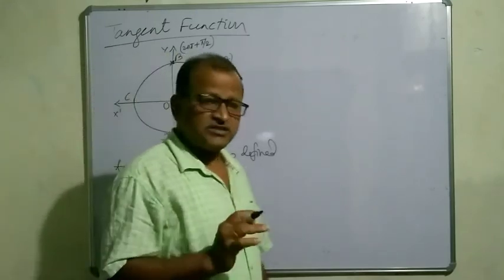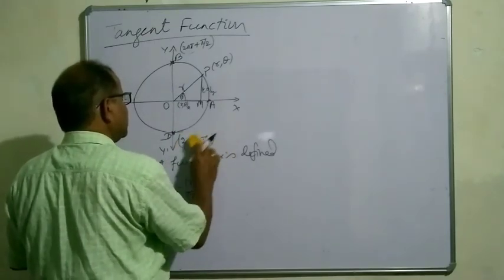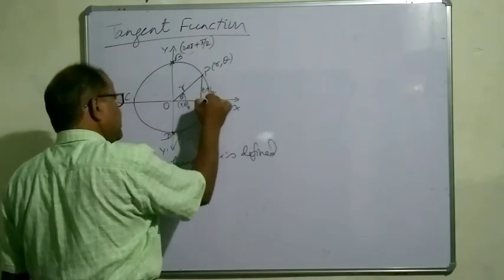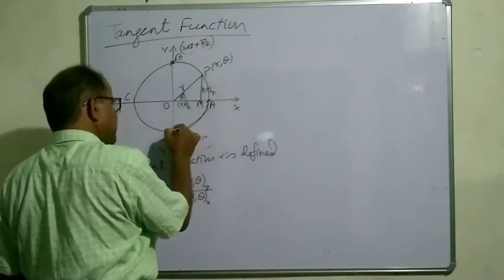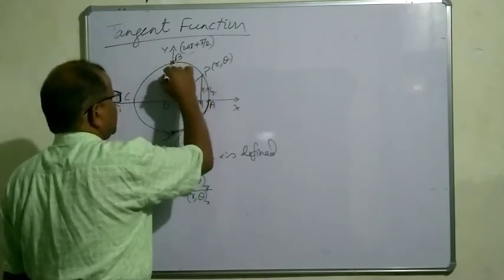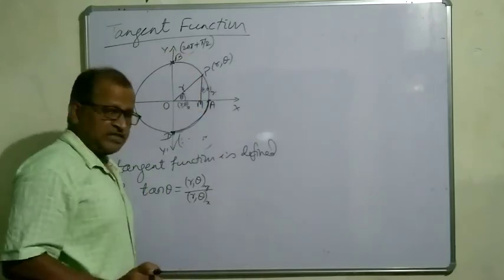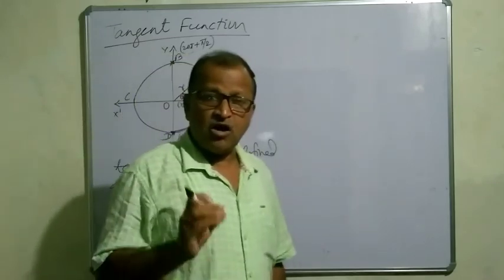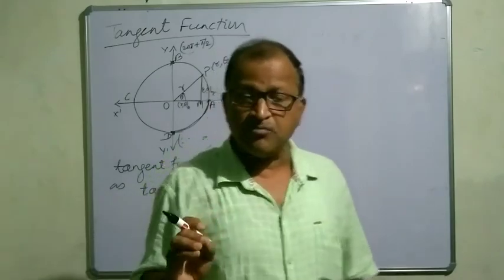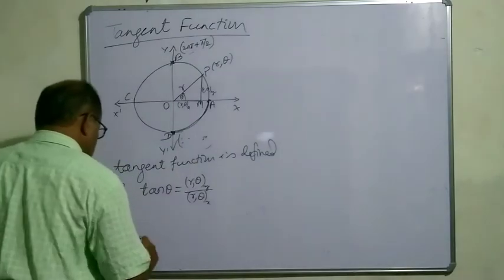Or if n is taken as a negative integer, then 2n pi will be here, then plus pi by 2 will be there. So anyway, r cos theta will be 0 at odd multiples of pi by 2. So what is the domain?